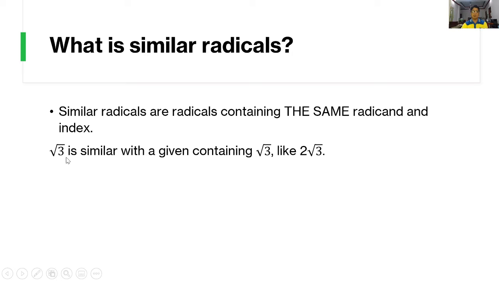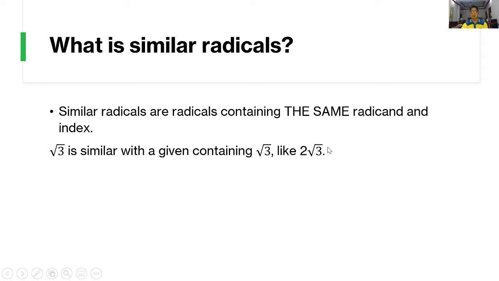Now, square root of 3 is similar with a given containing square root of 3, like 2 square root of 3. If you notice, ito yung index natin. Yung radicand dito, yung nasa loob. Which means, kailangan similar sila kung pareha sila dito. At the same time, kasama syempre kung number yan yung exponent natin. Okay? So in this case, yung square root of 3, similar siya dito sa 2 square root of 3.